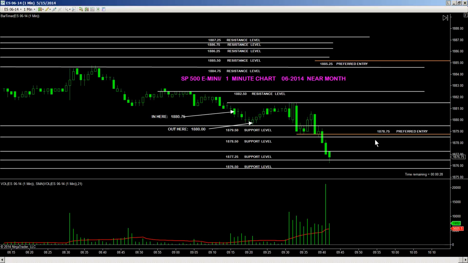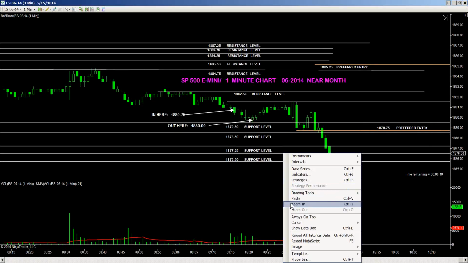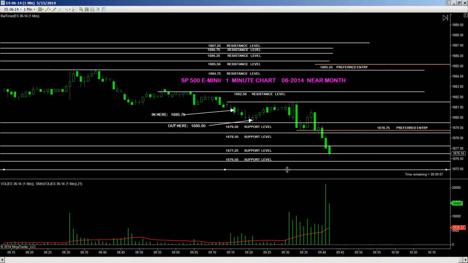You have a profit realized from 1878.75 now down to 1877.25. Over 20,000 contracts were traded in the previous 1-minute bar, now closed out. We're looking to get to 1876.50 on the next target to the downside. What have you got below that, my man? 1874.75. Hey now.